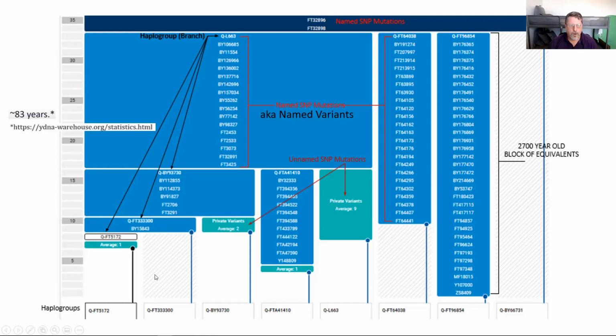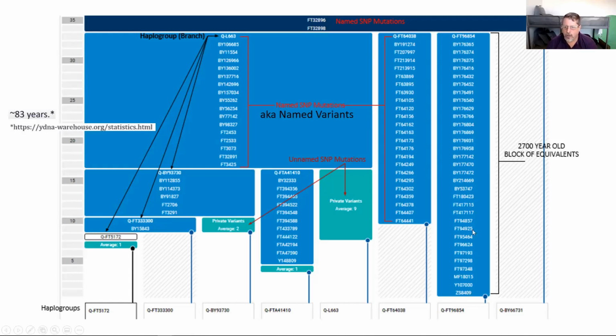So if I want to date a branching point, I can simply add these up, multiply by 83, and it'll give me an estimate of the time to most recent common ancestor. So much easier and so much more accurate than worrying about genetic distance. That's such a blunt instrument.